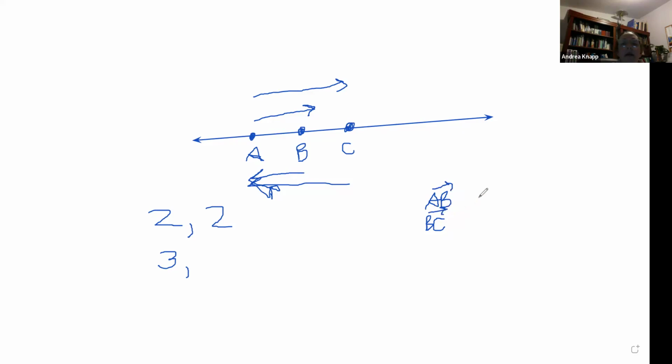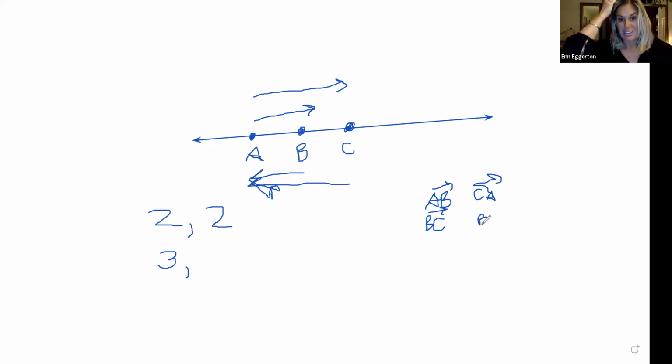And then we had CA, which we haven't given yet, right? And then BA, we haven't given yet.